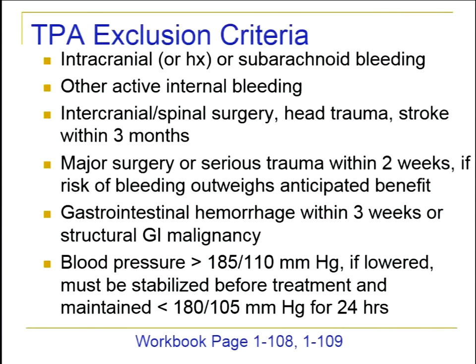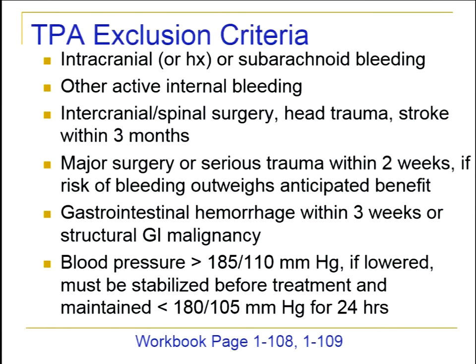So our exclusion criteria, now there's a whole bunch. Mainly the thing to keep in mind here is it's things that increase the risk of bleeding, as you might expect. So if you have bleeding, probably that would be a no on TPA. If you have had recent surgery, head trauma, or stroke within the last 3 months is usually how that's interpreted.